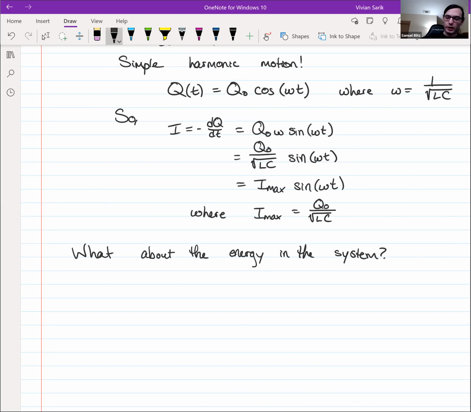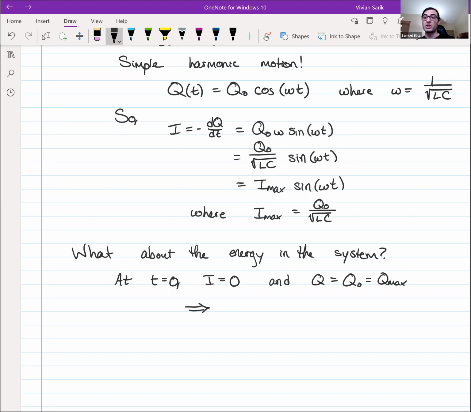So at t equals 0, the current is 0 just by looking at this equation. If you plug in t equals 0, sine of 0 is 0. The current is 0, and the charge is Q naught, which is just the maximum charge. And so what that means, we know that the magnetic field in the inductor is proportional to the current flowing through the inductor, and we know that the energy is proportional to the magnetic field squared.